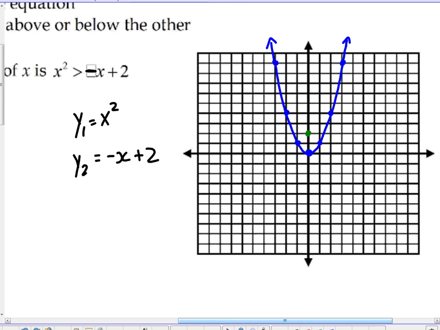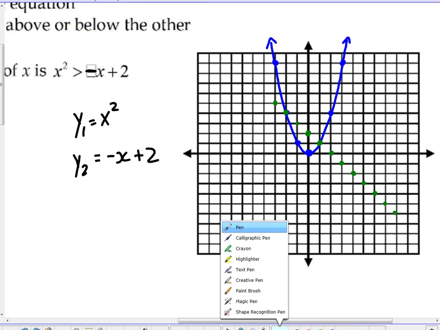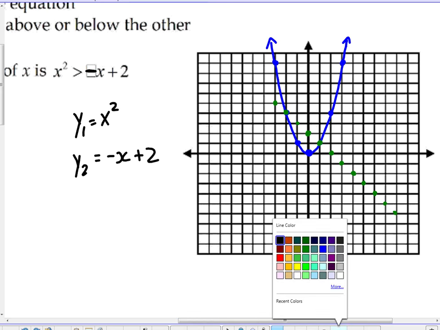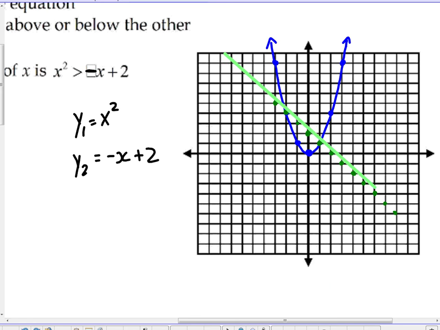So what direction are we moving? Down 1, right 1. Hey, look at that, an intersection point. That might be important. You can cheat if you have a ruler. Is that cheating? I don't think it's cheating. It's cheating if you have technology.